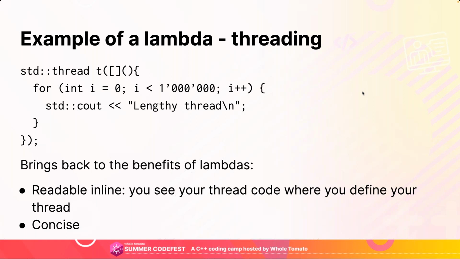Chris, who spoke for a couple of slides earlier, our lead developer, gave a really good talk a few days ago about multi-threading and asynchronous programming, and he showed how you can run a thread with a lambda. You might be used to running threads and having the thread execute a function somewhere else. It's a great example: if you just want to spin up a thread that does something simple, just write it in line. That has all the benefits of being able to see your code right there, and the way to write it in line is, of course, using a lambda.